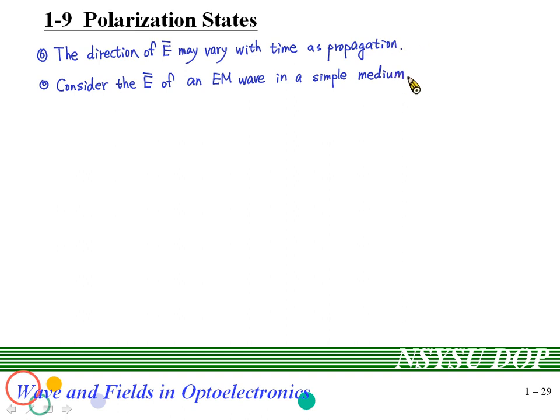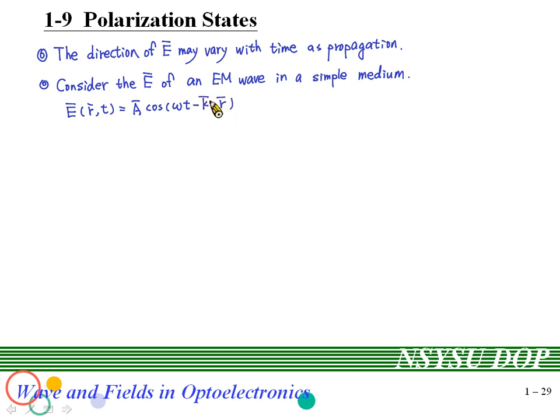The E field can be written in the following equation. E of r, t is equal to A vector, here is the amplitude of the E field, times cosine omega t minus k dot r.